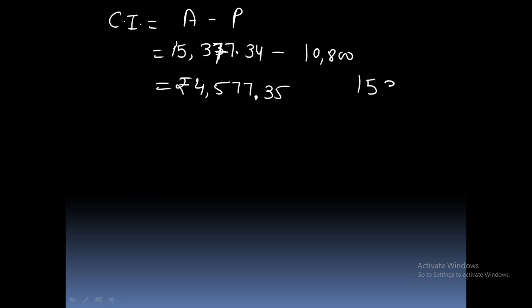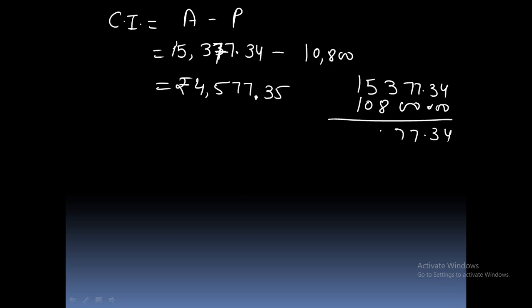You can see this, 10,800.00. 3477, 13 minus 8 5, and 4. This is your answer. Thus you can calculate compound interest and amount.